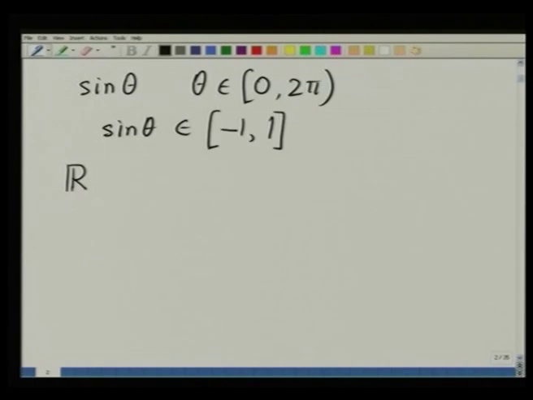But for mathematical considerations which cannot be fully explained at this early stage, it is more convenient for us to consider a larger set than the set of real numbers, and we actually choose the set of complex numbers denoted by C, complex numbers. Now, I would quickly like to go through a review of complex numbers.